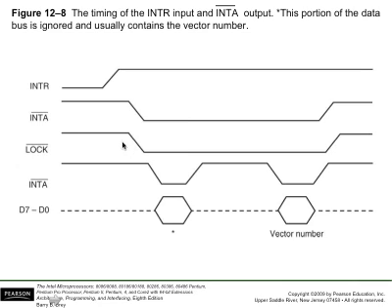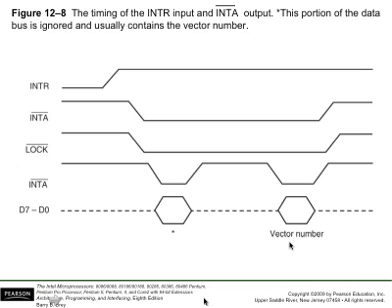What we see here is a timing diagram for the INTR input and INTA output. As you can see, on the data bus D7 through D0, during the second pulse from the INTA, a vector number is put onto the data bus.